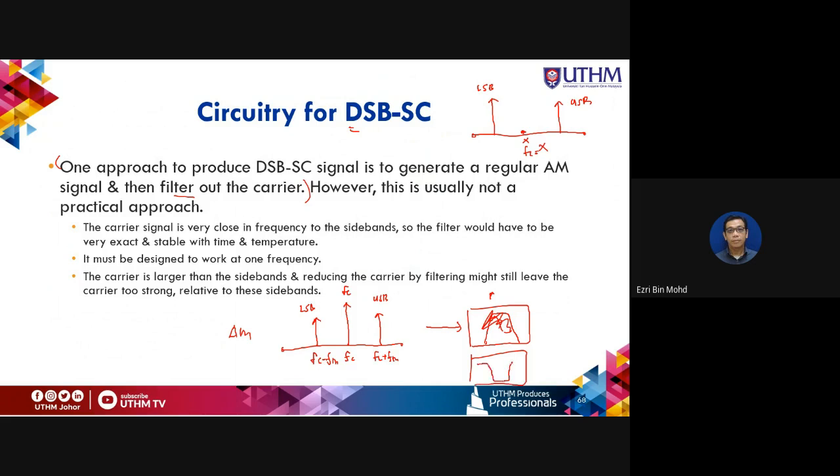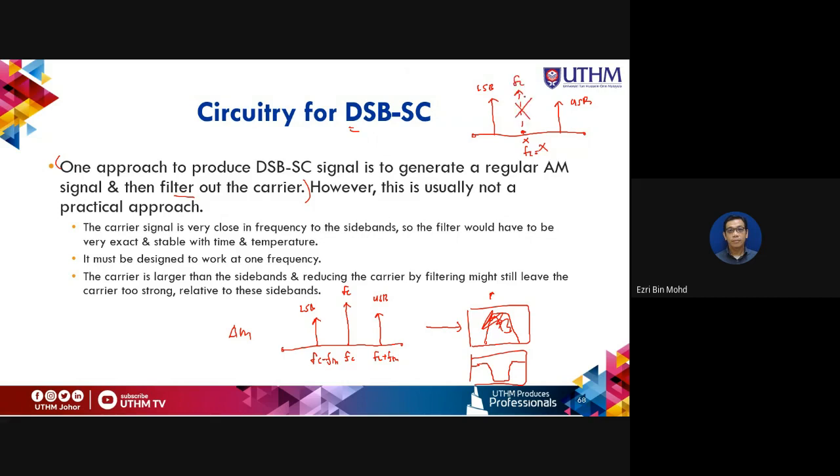A band stop filter means that a certain region of the frequency spectrum is suppressed or eliminated. Let's say we want to produce double sideband suppressed carrier, meaning we want to eliminate the carrier here.